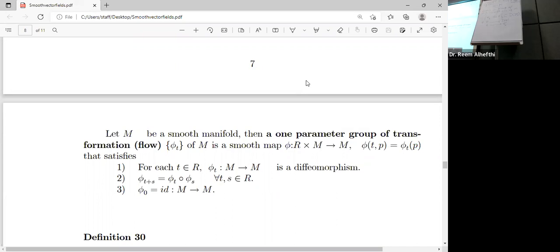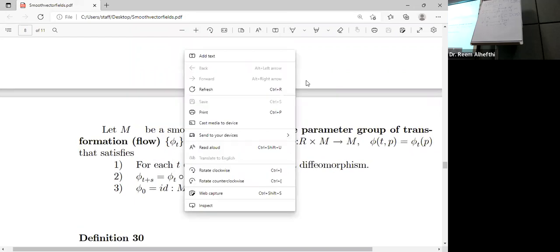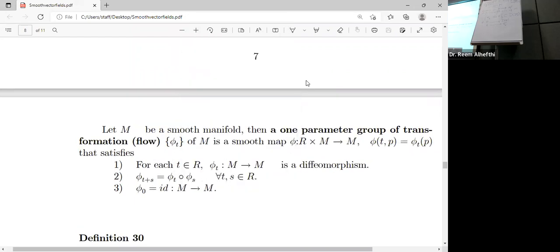So phi t is a one parameter family of diffeomorphisms which respects group addition. This t plus s is the composition in R, and this is the composition in the group of diffeomorphisms of M. That is, it is an additive homomorphism, a group homomorphism.